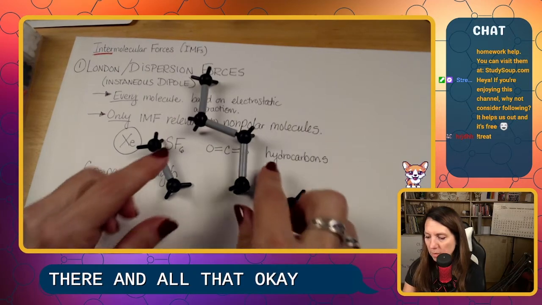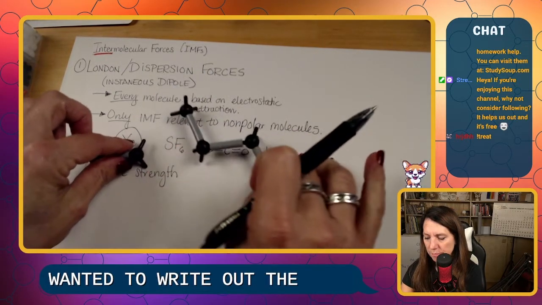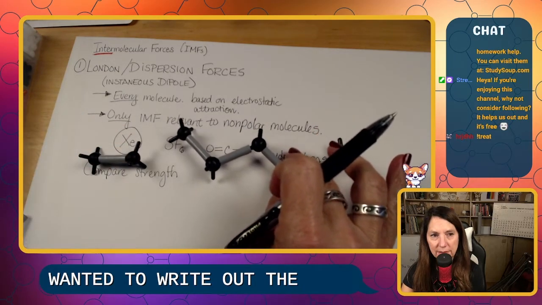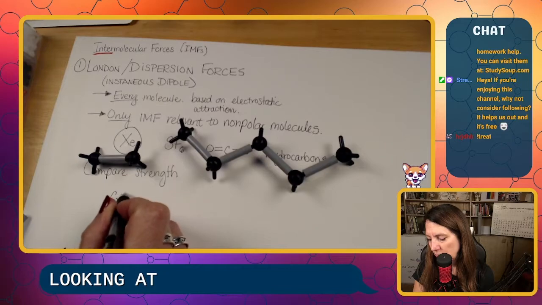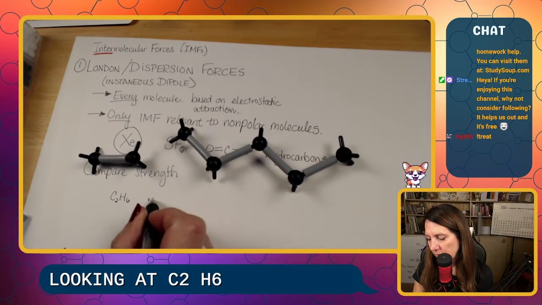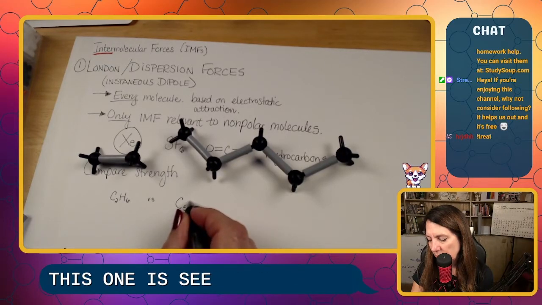Okay. So if we wanted to write out the formulas of these, we're looking at C2H6 versus this one is C5.